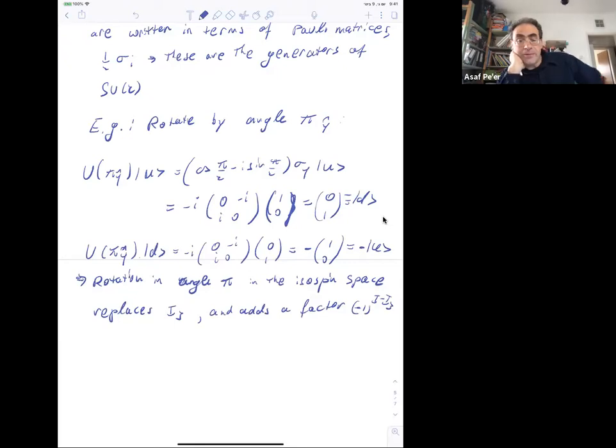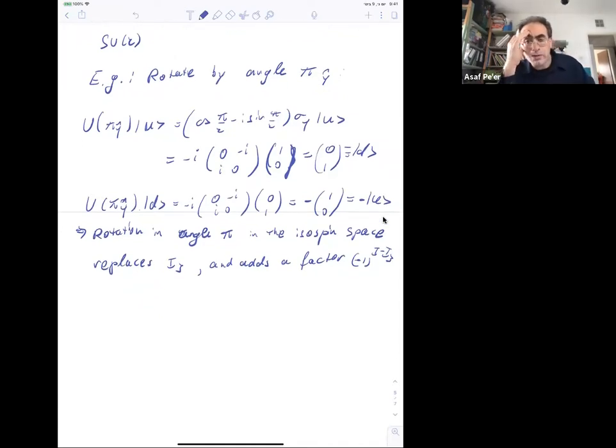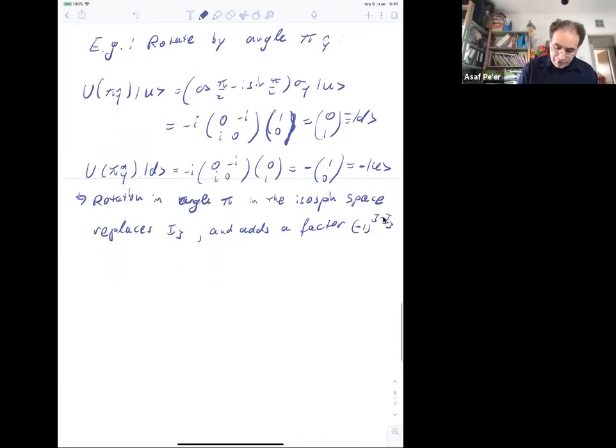So this is an example: the PN state is an example of an isospin doublet. In particle physics, when we say isospin multiplet, these are families of hadrons with approximately equal masses. All particles within the multiplet have the same spin, parity, and baryon number, but of course they can differ in electric charge.